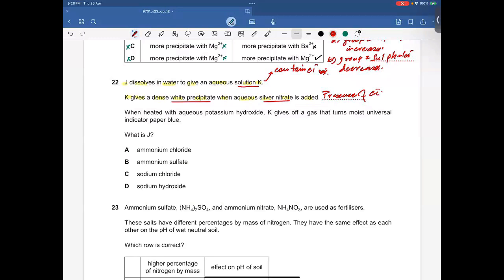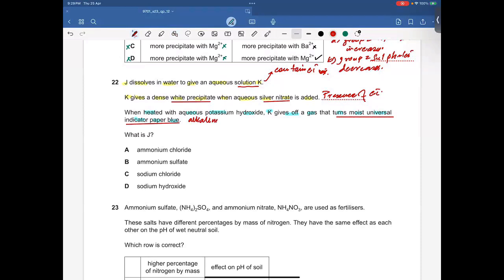Whereas when we heat solution K with aqueous potassium hydroxide, it gives off a gas which turns moist universal indicator blue, and this test indicates that an alkaline gas is produced.